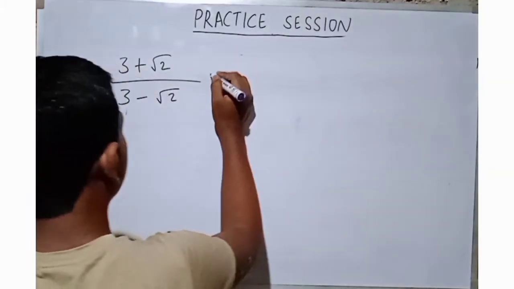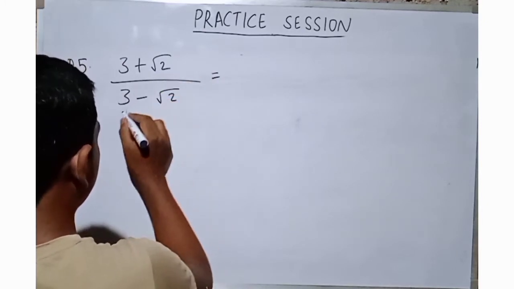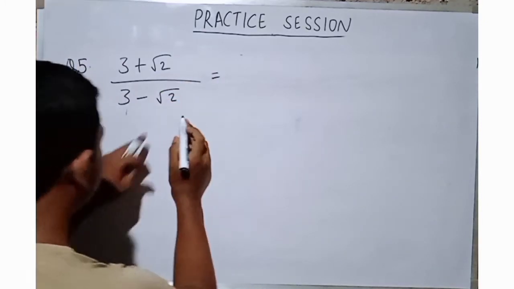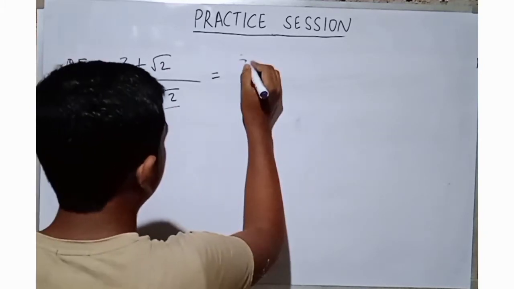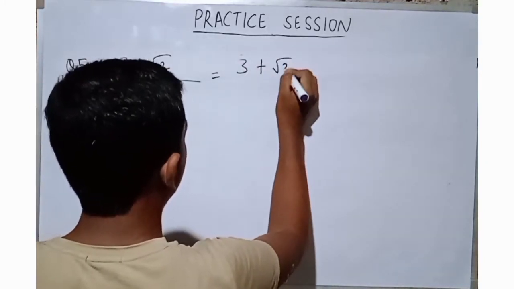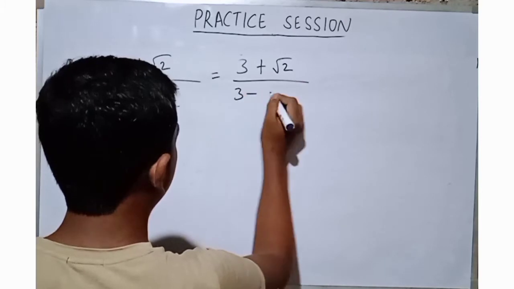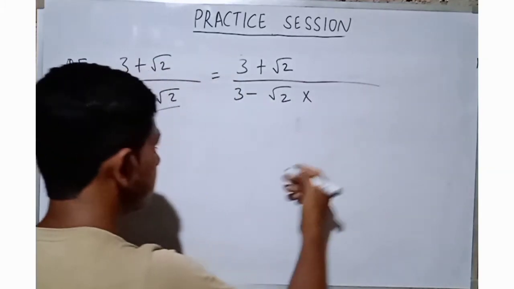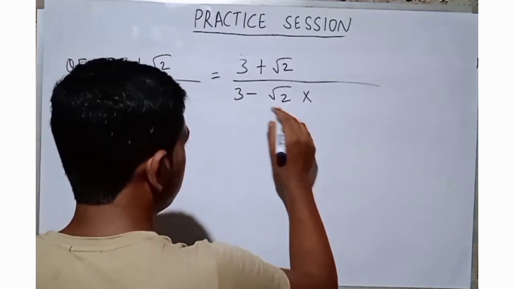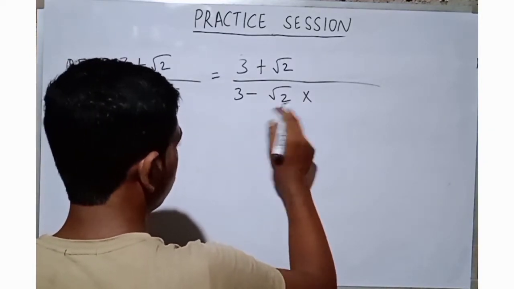So see here, the denominator has a root, so we have to remove it. So it will be 3 plus root 2 by 3 minus root 2. We have to multiply with the opposite sign so that the root could be removed.